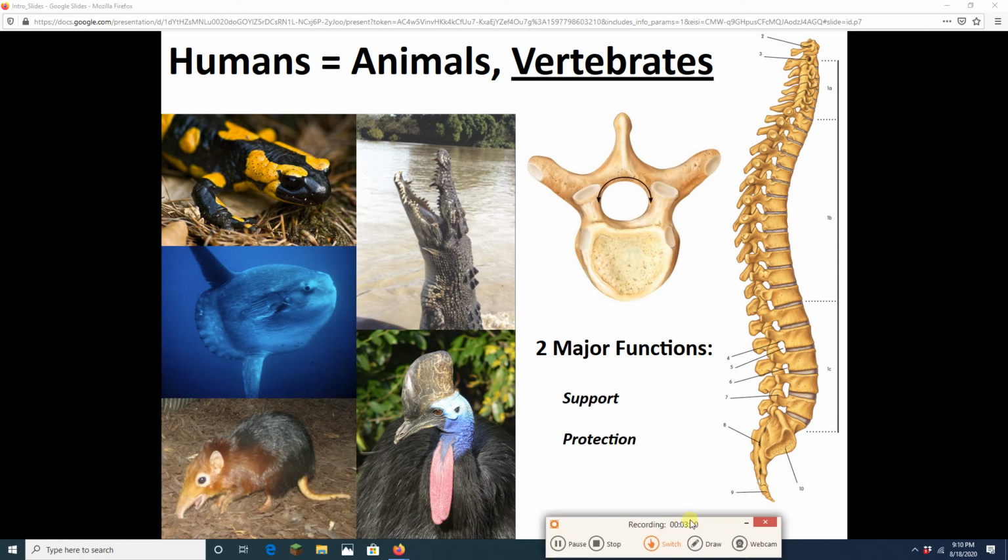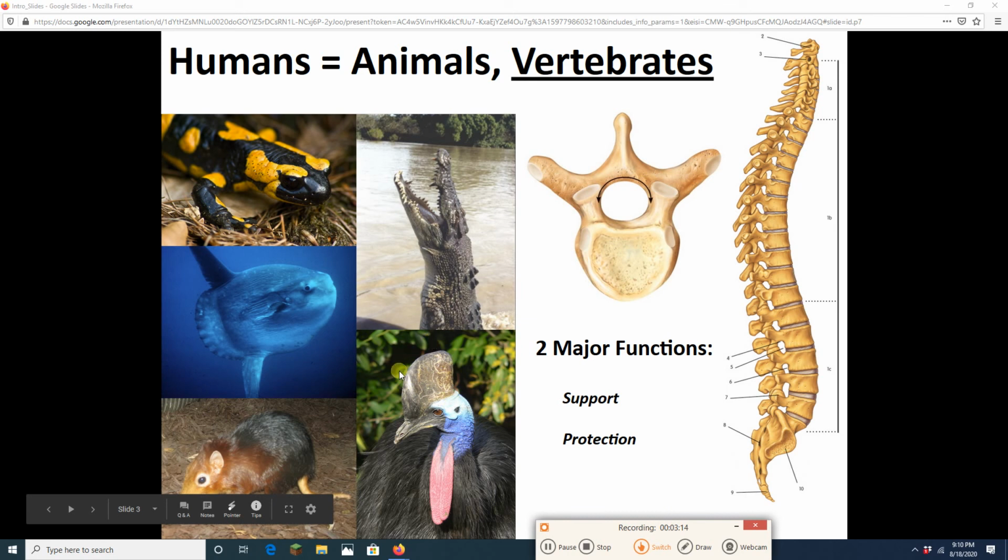Not a bird, that's like a shrew. There's the bird. Pretty cool looking bird. All vertebrates have vertebral columns for support and for protection. The vertebral column, of course, is made of vertebrae.